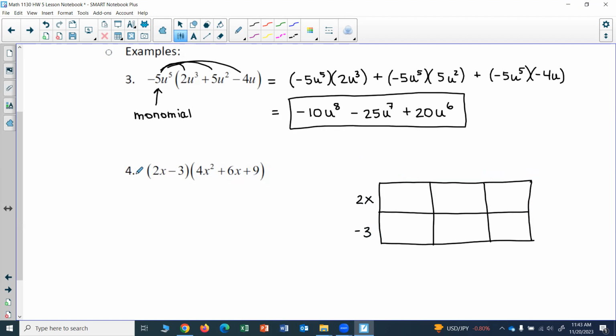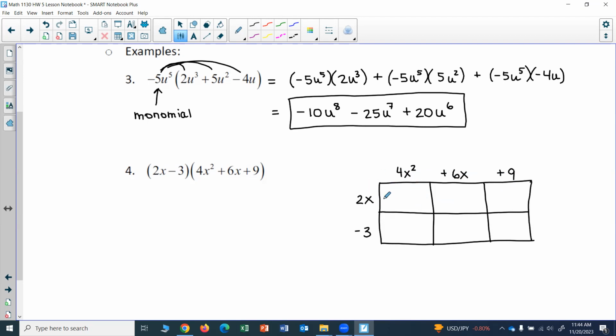So I'm getting that from this first factor, 2x minus 3. Along the top of the box, on top of the first column, I'll put 4x squared. On top of the second column, I'll put plus 6x. And on top of the third column, I'll put plus 9.